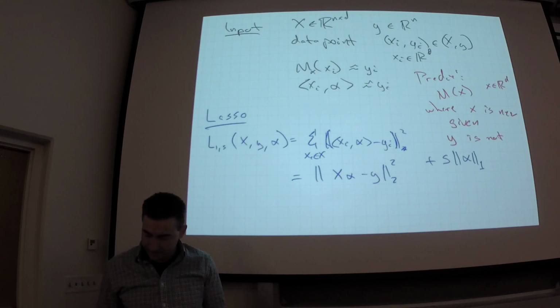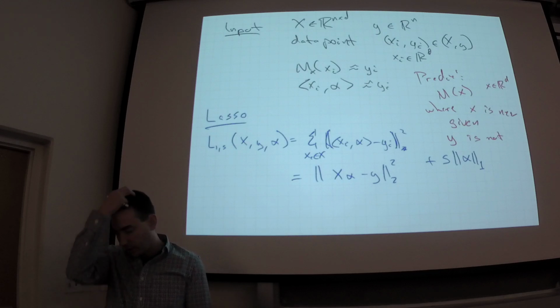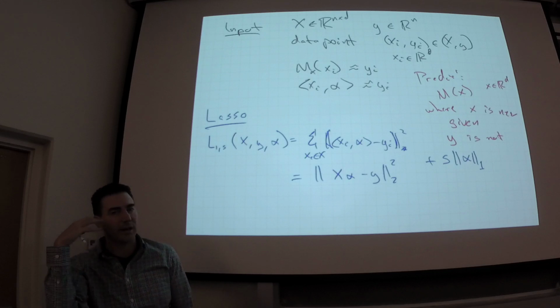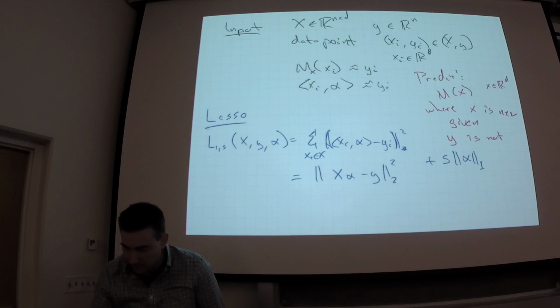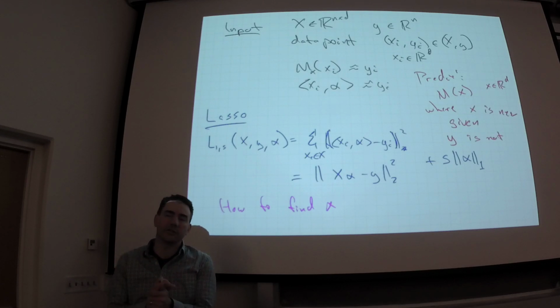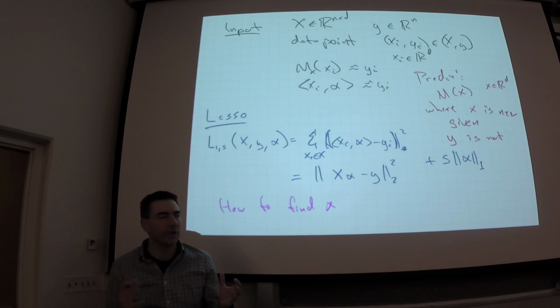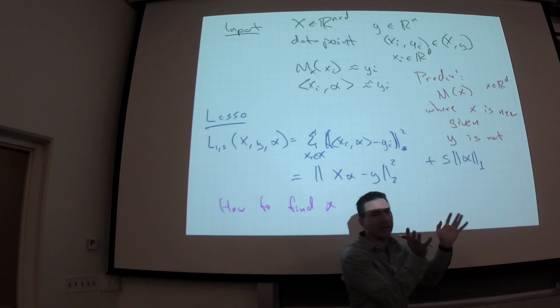Okay. So if I take this lasso objective, I want to think about how to find alpha, right? I no longer have this least squares thing where I can essentially take the first derivative and then solve for what alpha is. I can no longer do that because of this constraint, which makes it not smooth.